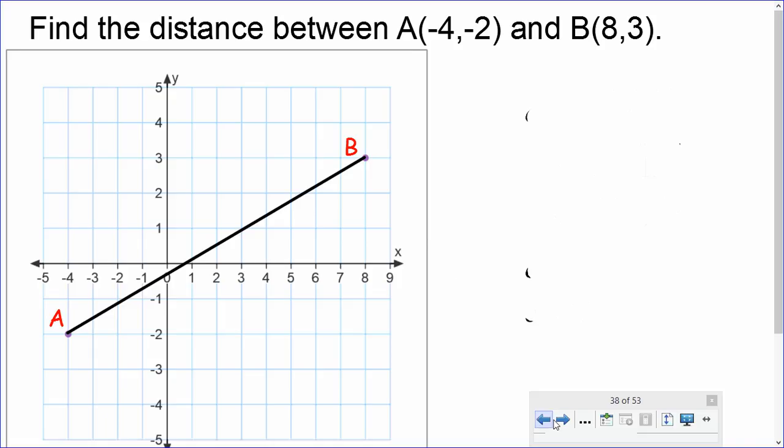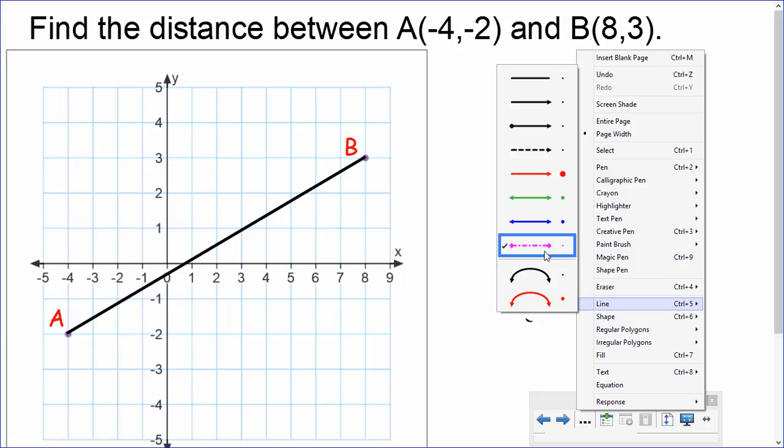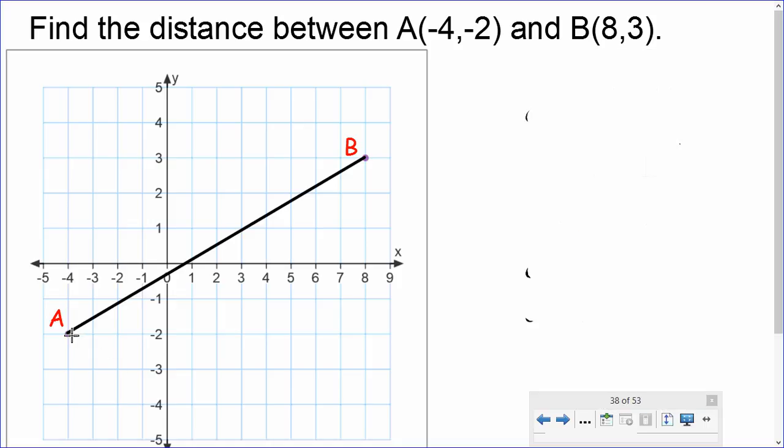In order to utilize the Pythagorean theorem, I need a right triangle. So let me get my line tool and connect the lines here. I'm going to draw a line going to where point B is the same distance across. It's up here at (8, 3), so I went from -4 to 8.